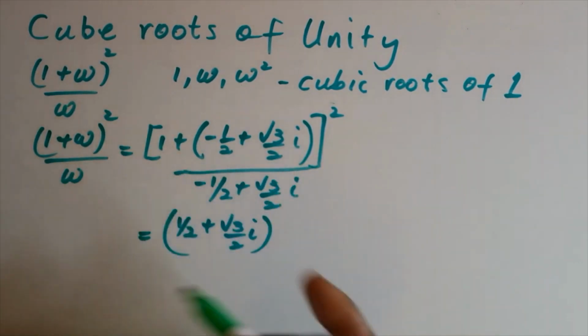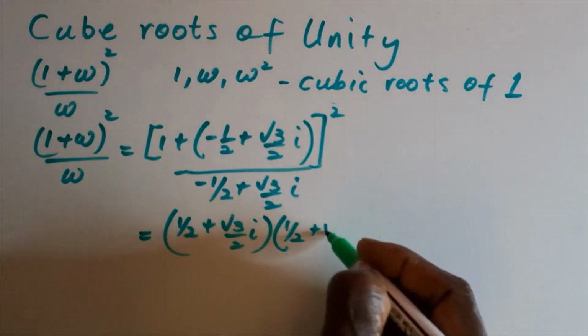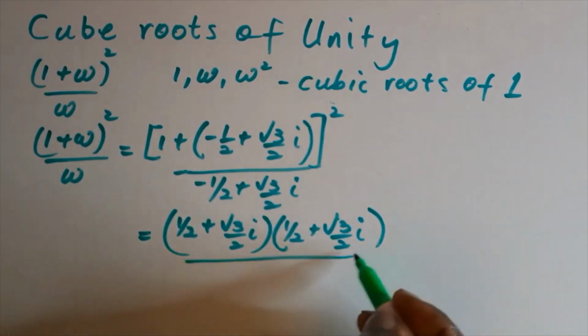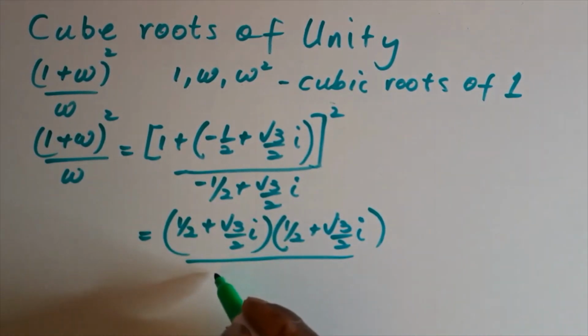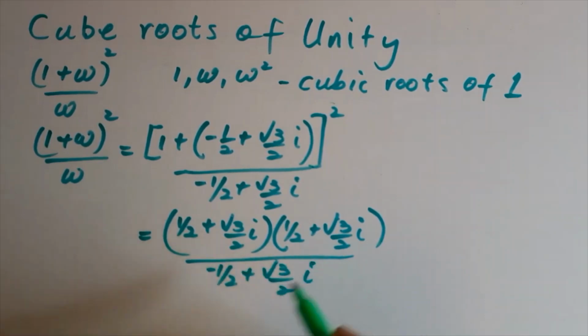and we're squaring all of this, so we multiply it by itself, and our denominator is minus a half add root 3 over 2i.